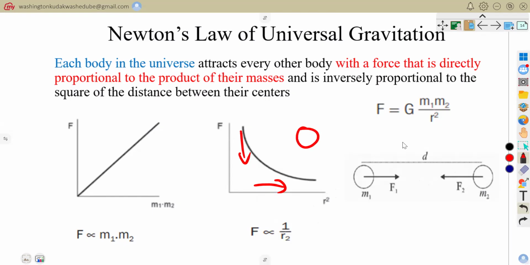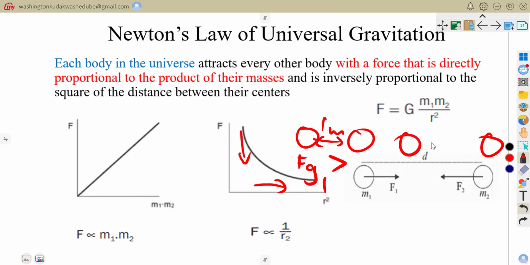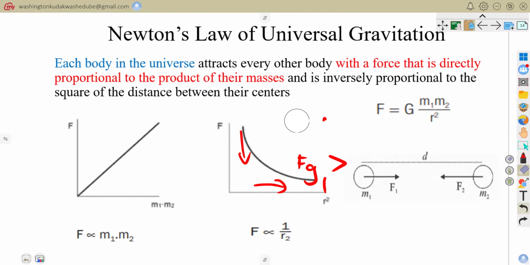I'm sure this will make sense: objects that are maybe 1 meter apart have an attractional force which is greater than the one between objects that are 3 meters apart. So that is what it simply means.